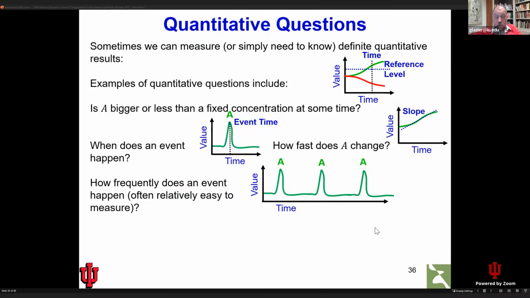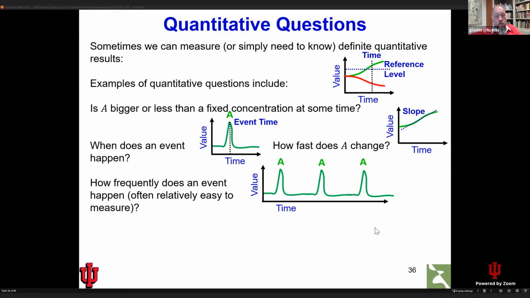And the last kind of questions are quantitative questions, where we actually measure things. What is the level of something? That typically is very hard to do for chemical species. It may not be as hard to do if we're measuring something like how much does something weigh? How big is the tumor?